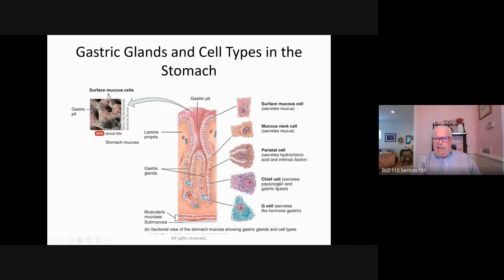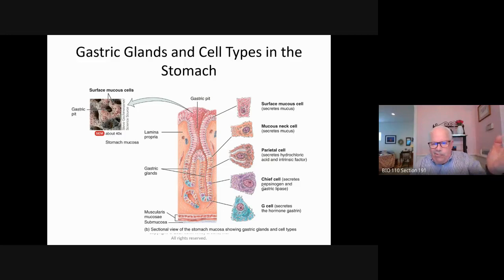The chief cell secretes a protein called pepsinogen. When pepsinogen comes in contact with hydrochloric acid, it is converted into an enzyme called pepsin. Pepsin is an enzyme that degrades protein. So now in the stomach, you start protein degradation.